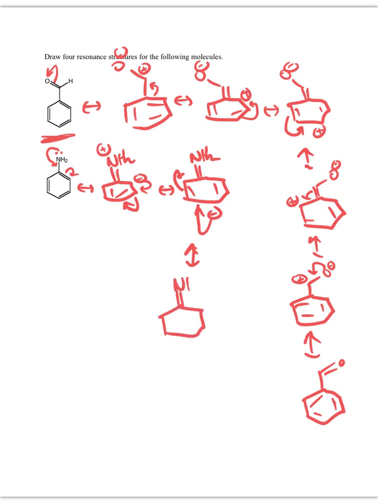I didn't use the iPad very well on this one. And then send it back to the nitrogen. And we get that. Okay, so those are the 2 resonance structures.